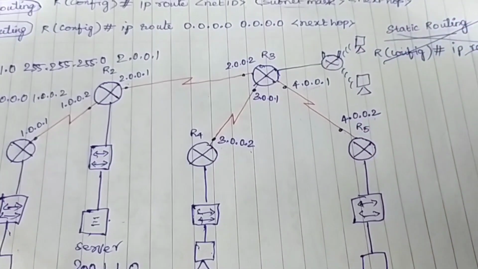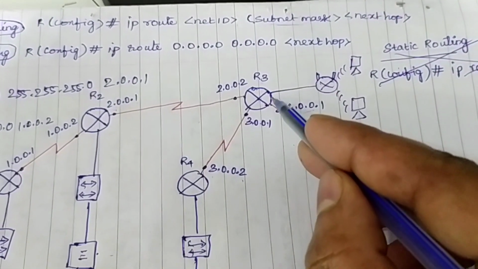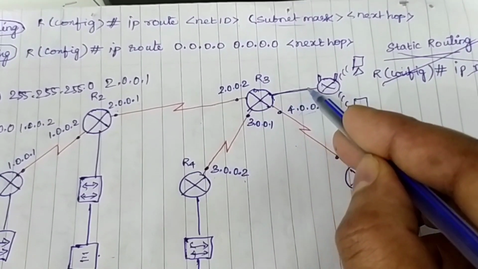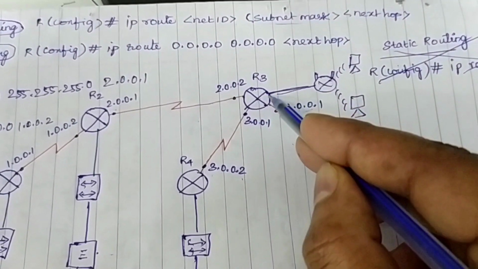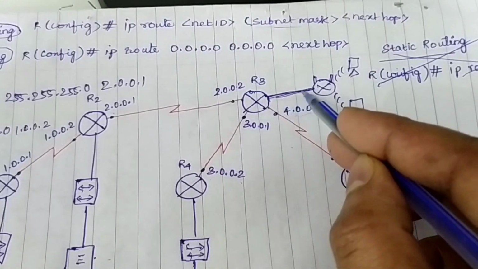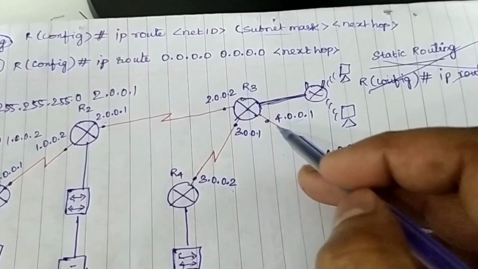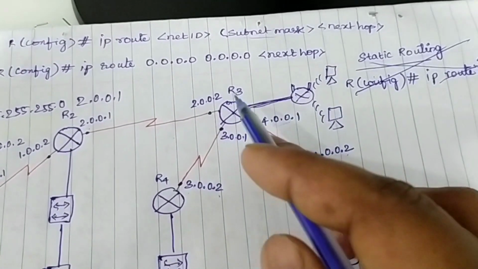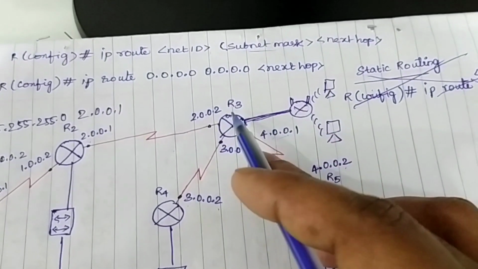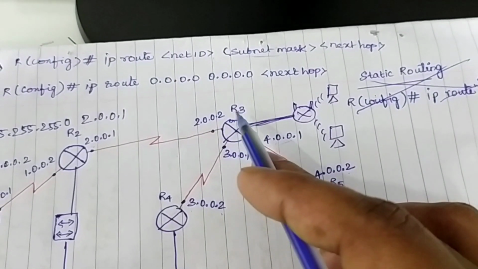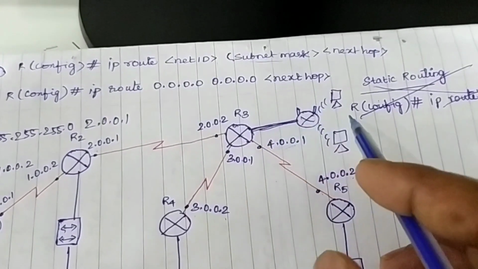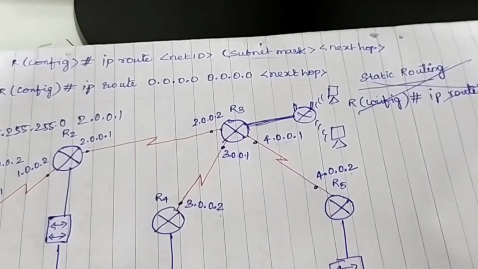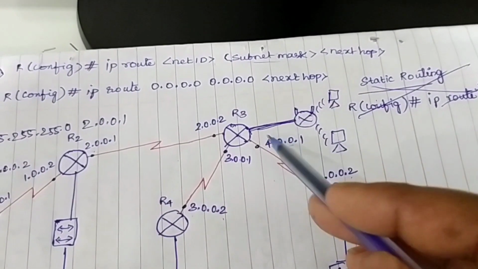This link is a gigabit Ethernet link, not a serial link, right? So this network is R3's own network, so for this we need not do static routing.